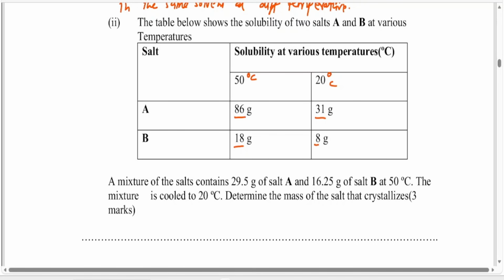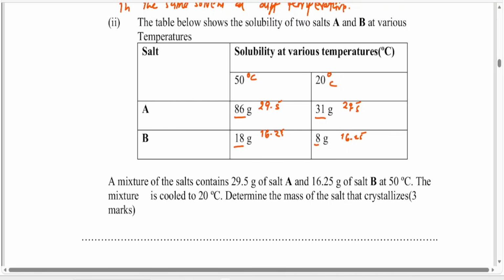Then we are told that a mixture of the salts containing 29.5 grams of A and 16.25 grams of B at 50 degrees Celsius is cooled to 20 degrees Celsius.